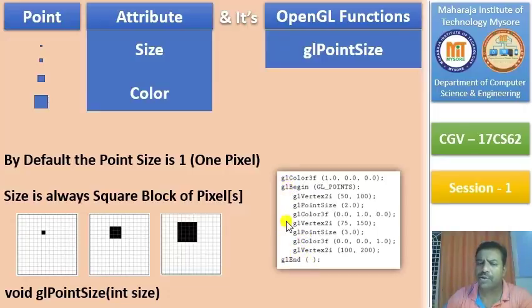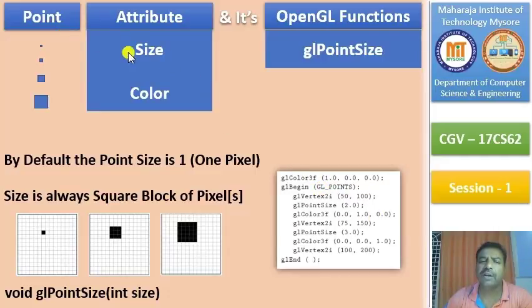If you put it after glEnd, its effect will not be shown on the point you are going to draw. So you can put glPointSize either inside this block or before the block starts. And this is the point attribute with respect to size.